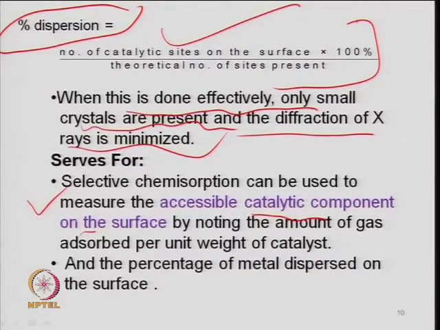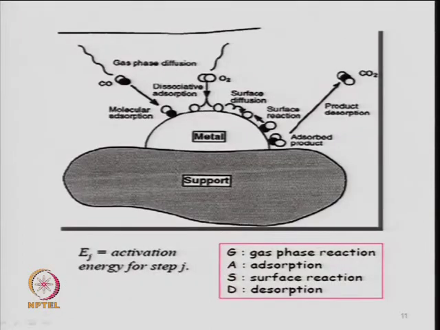How many molecules of that gas species are adsorbed on the surface, the volume of that gas can be measured, and that volume can be related to the number of atoms, and you know the atom area. So, you can find out the surface area, and the percentage of metal dispersion on the surface can be found.